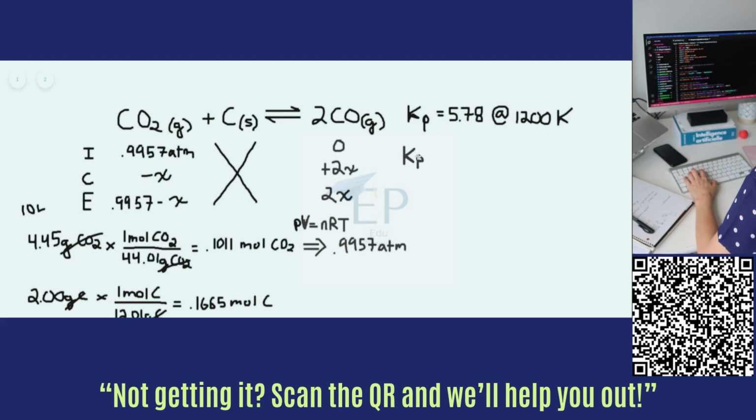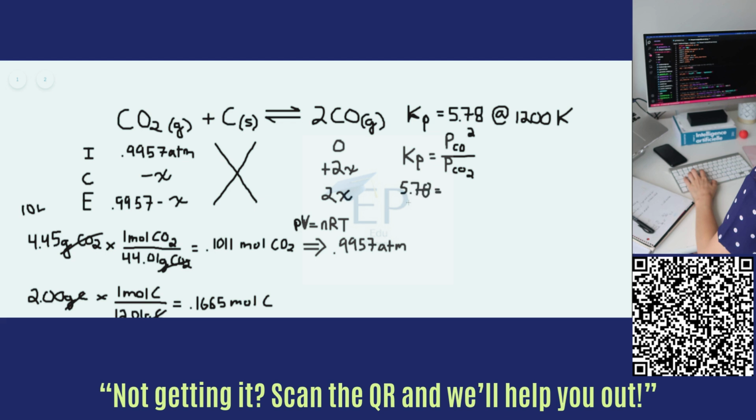So I can plug these two values into the equation for Kp. Kp equals the pressure with respect to carbon monoxide, or CO, squared, because I have this 2 here, divided by the partial pressure with respect to CO2. And this is 5.78.